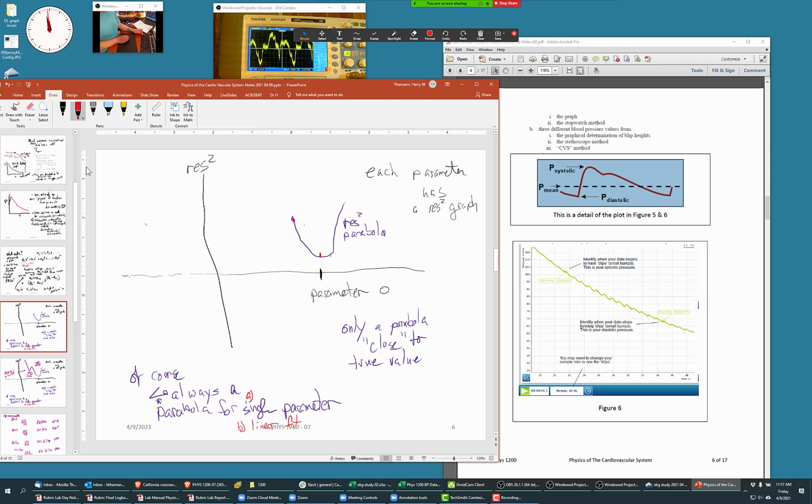Hopefully you remember y equals x squared. That's a parabola. At least it is when you're close to the true value. You can mathematically prove it. And in fact, a single parameter fit or a simple two parameter linear fit, they're always parabolas, it turns out, but in general they may not be.